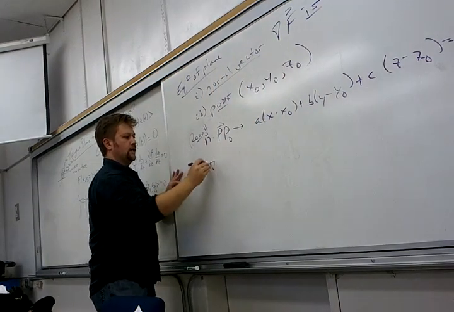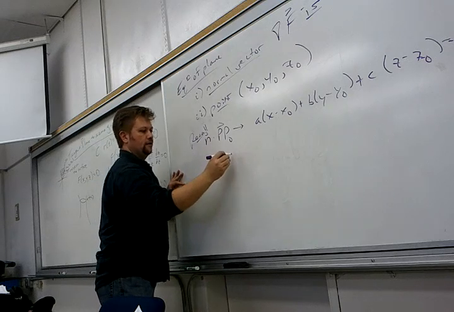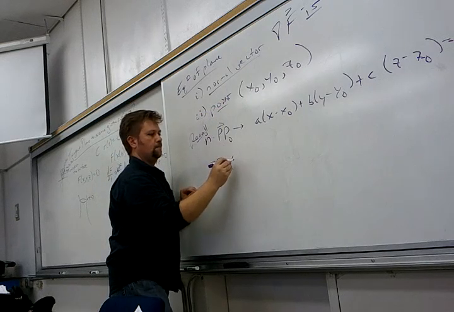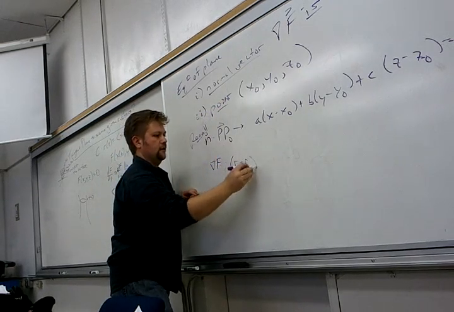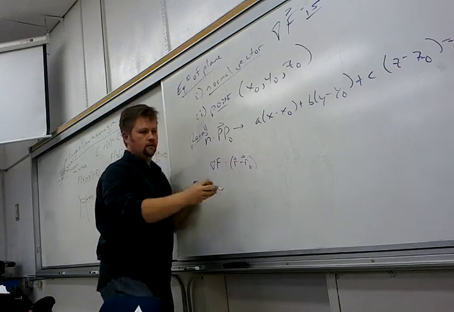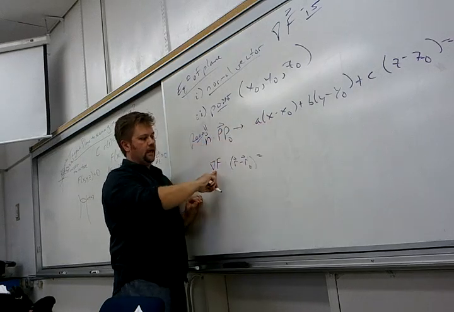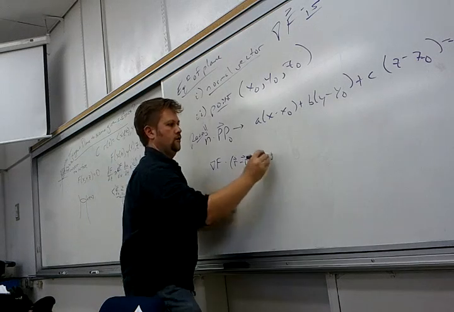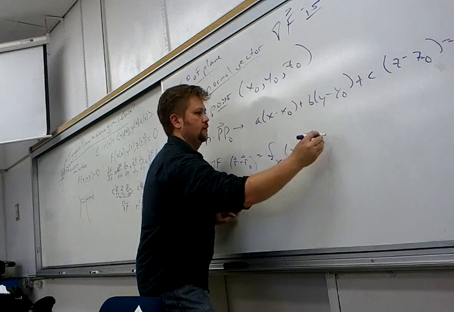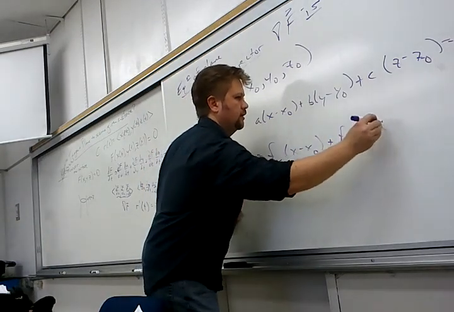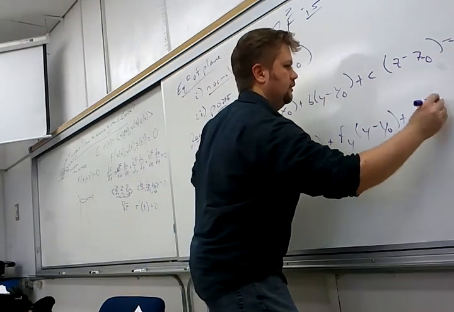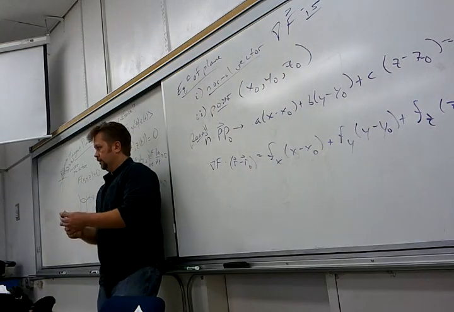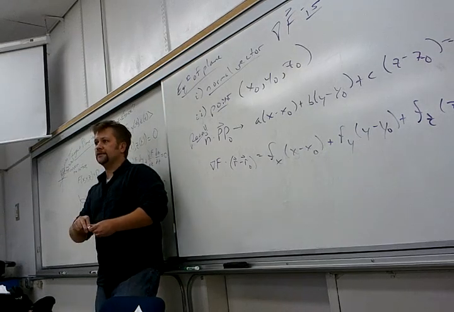Well, now I've got the gradient of f dotted with r minus r naught. So it's the same idea, but what's the first piece of the gradient? f_x, (x minus x naught), plus f_y (y minus y naught), plus f_z (z minus z naught), equals 0. That's the equation of my tangent plane to the surface at that point.